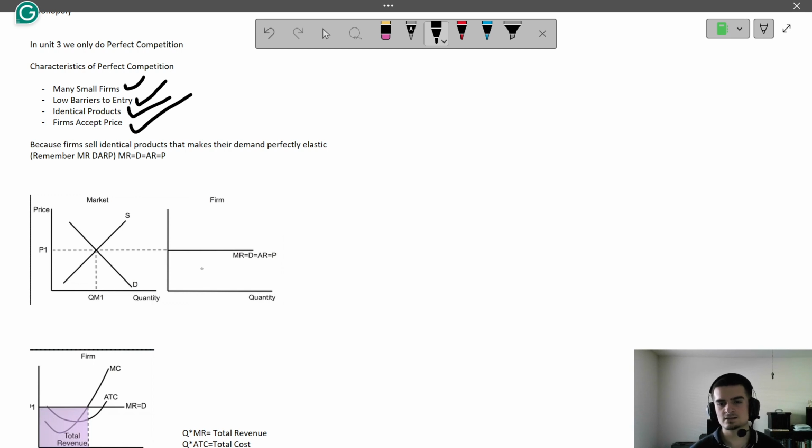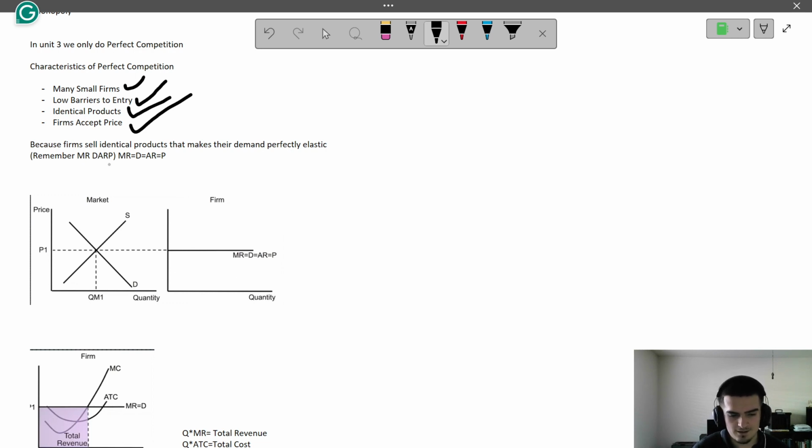One is a super high price, and the next one is the same price that everyone charges. Well, you're going to go to the one that charges the same price, or the lower price, because why would you pay more for a product that's literally identical? So that makes the firm's demand perfectly elastic.